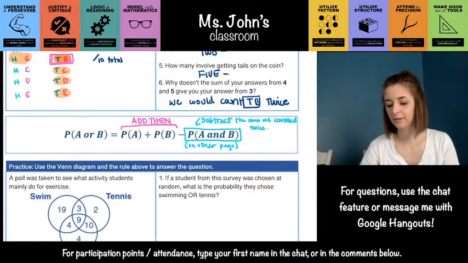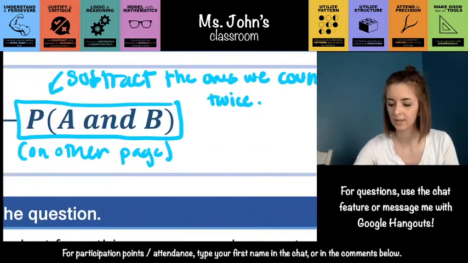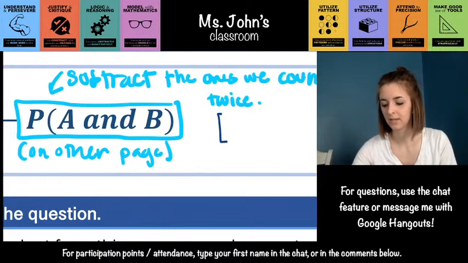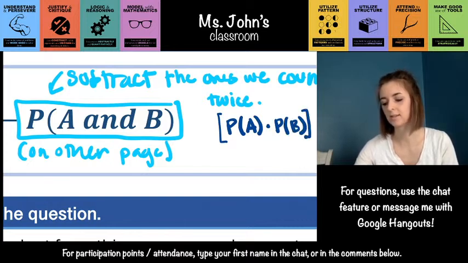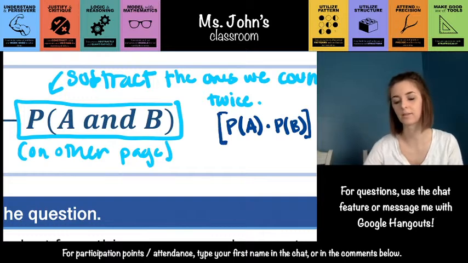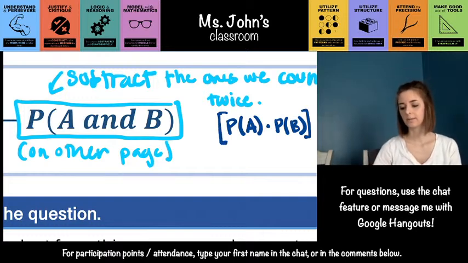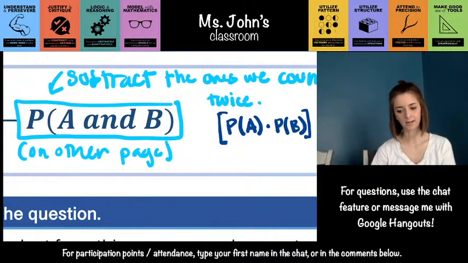So if I were perhaps to draw a picture, oh, I also wanted to say that the way that you calculate that is you multiply the two probabilities together. That's the equation we had on the back page. So yeah, if that helps.